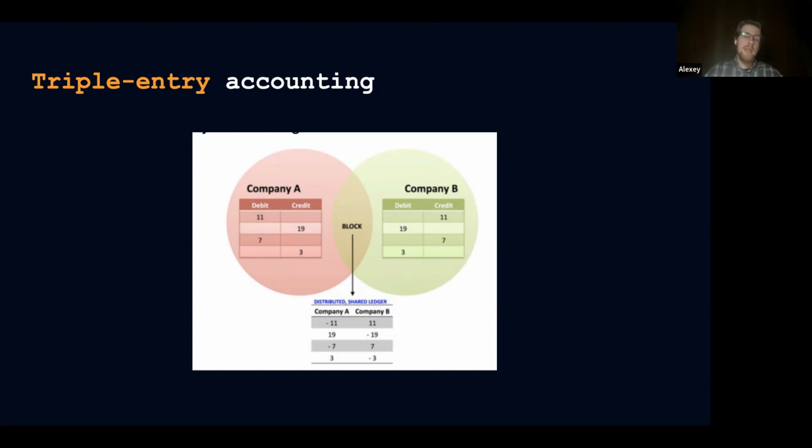And this organization or person used a ledger, maybe even, if we go way back into history, some stone tablets or something else, and they were writing all of the transactions into this ledger by hand, with a rock, with a pen, whatever, it doesn't matter. And this is called single entry accounting, because there's only one ledger, and this one ledger is maintained by one entity and has all of the transactions.